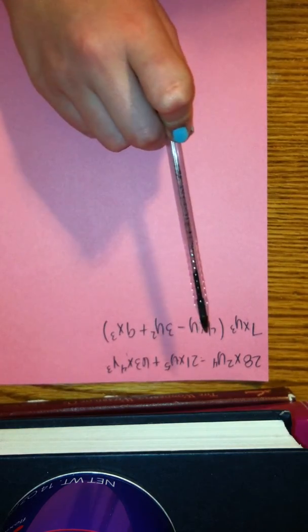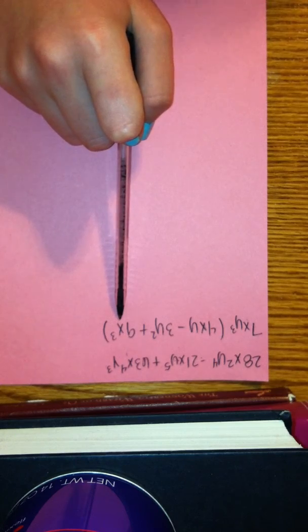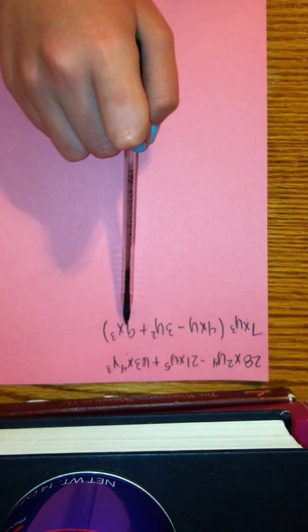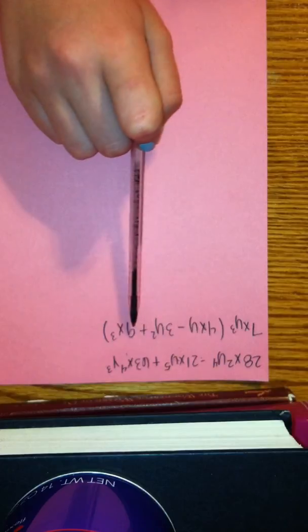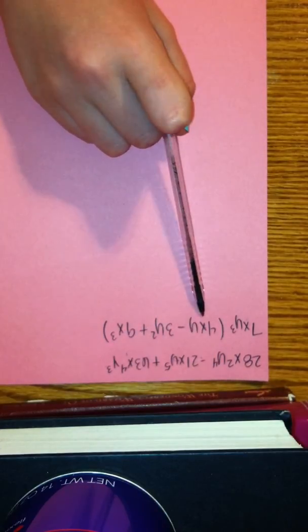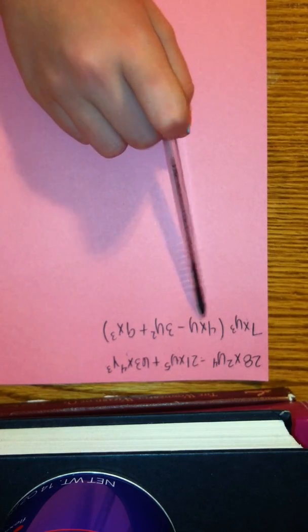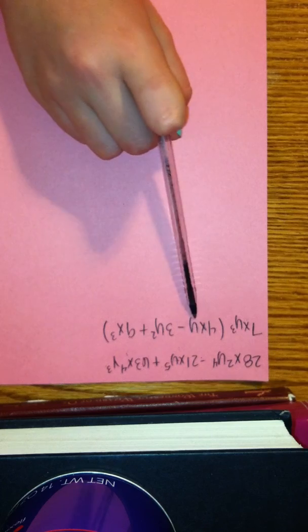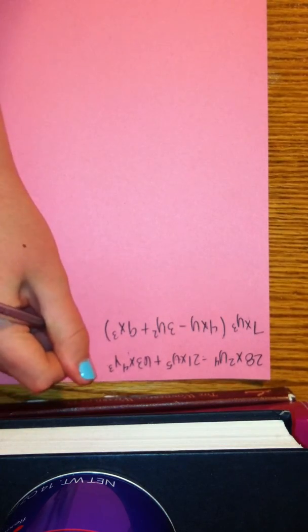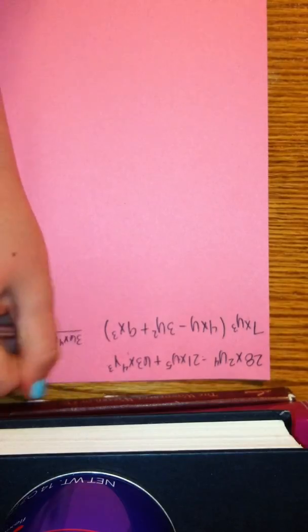Can you do rooftop? What is rooftop? It is when you take the first number in the polynomial and the last number in the polynomial and you multiply them. So 4 times 9 would be 36, and then you take your letters, so that would be 36 x to the fourth y.